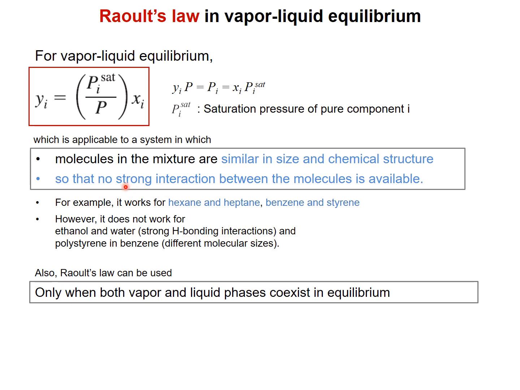For using Raoult's law, we cannot allow strong interaction between the molecules. And also, it does not work for polystyrene in benzene because they are too different in terms of size. Also, Raoult's law can be used only when both vapor and liquid phases coexist in equilibrium. So, this equation is for the equilibrium between vapor and liquid.